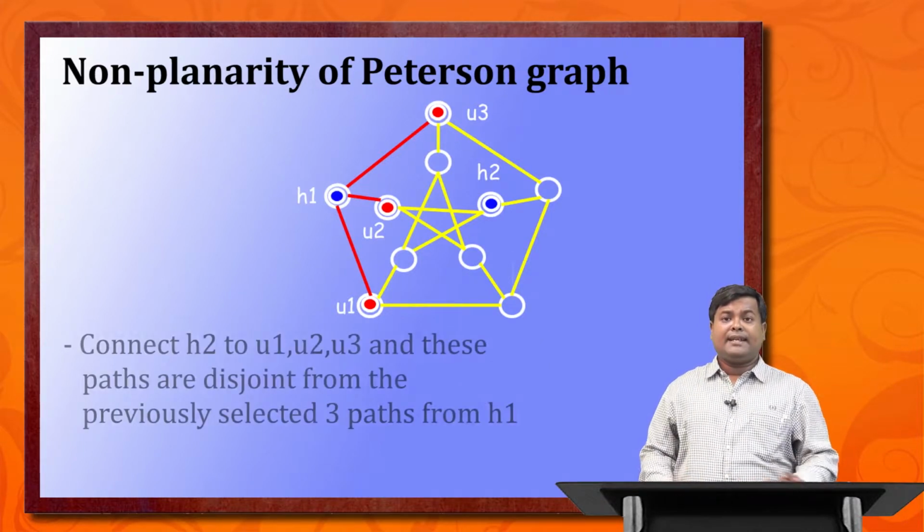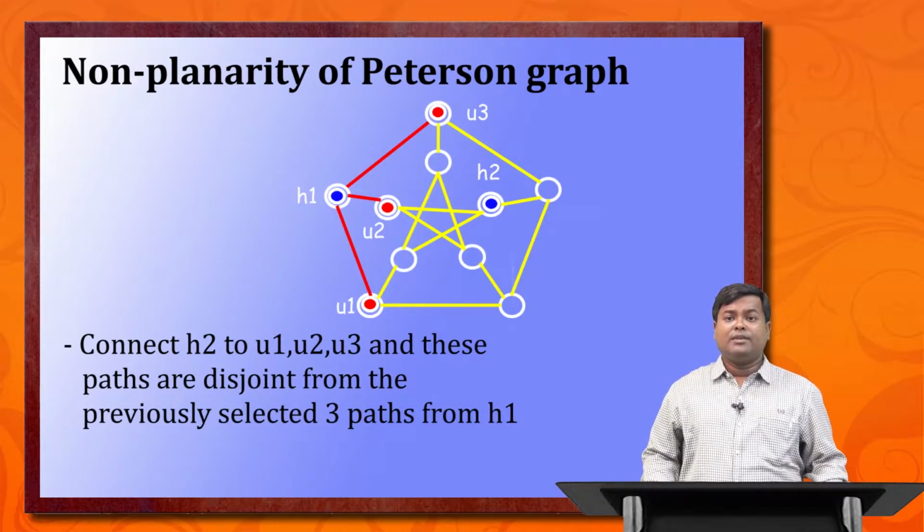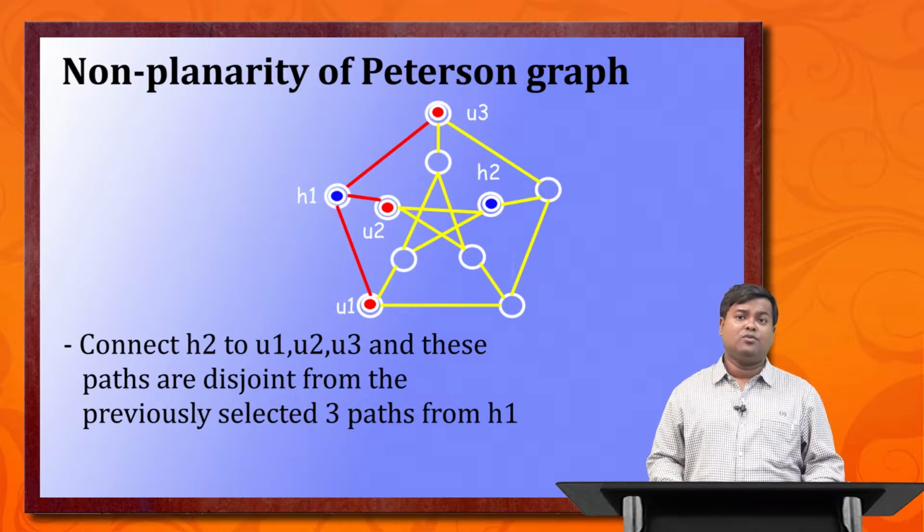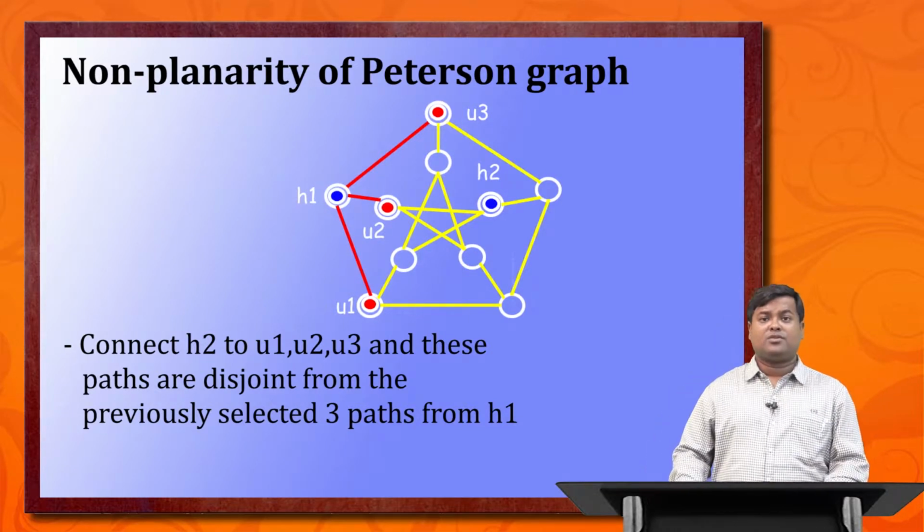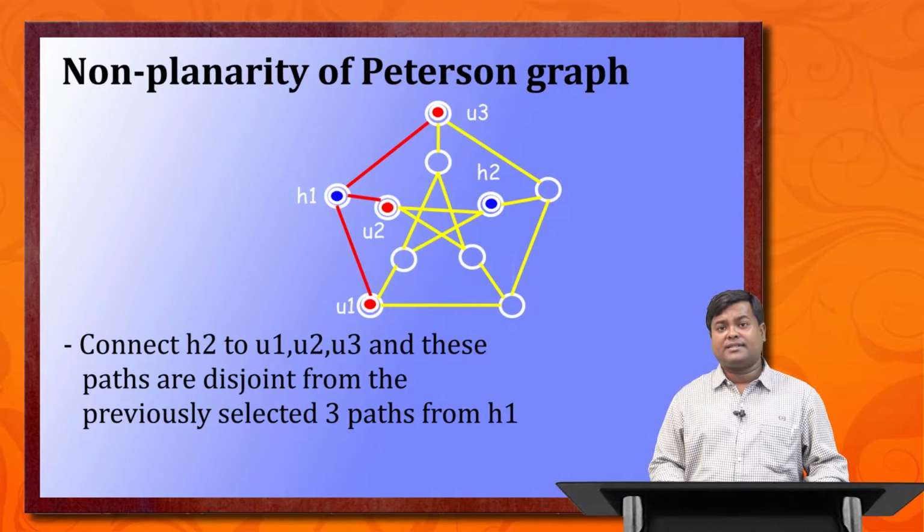Now connect H2 to U1, U2 and U3, and these paths should be disjoint from the previously selected 3 paths from H1. Basically we are trying to find the K33 bipartite graph. Every bipartite graph has 2 groups of vertices. We have marked one group as U1, U2, U3, and the other group as H1, H2 and H3. So these are 2 different groups.